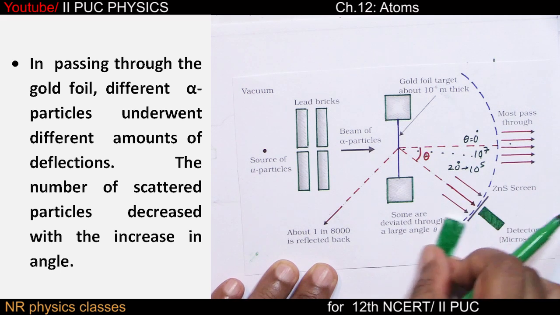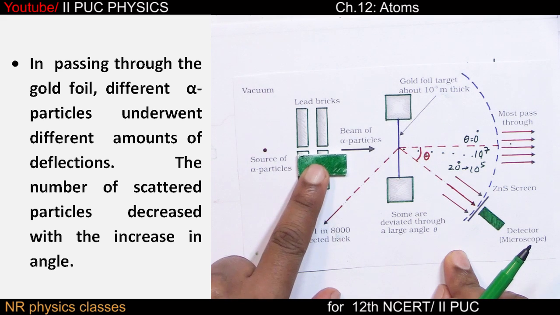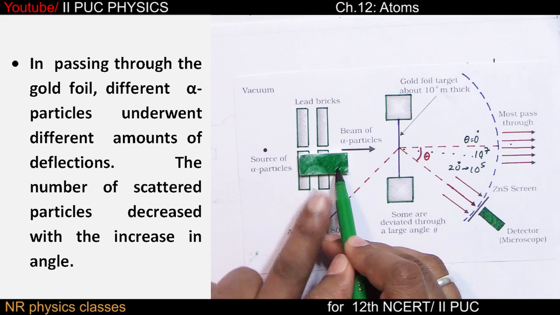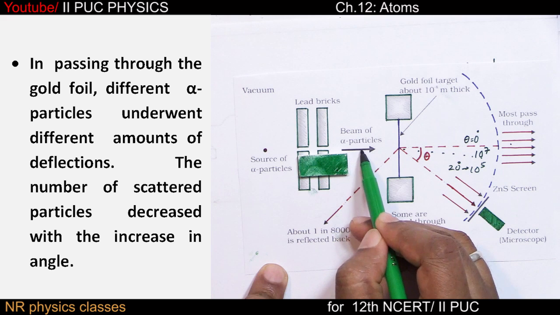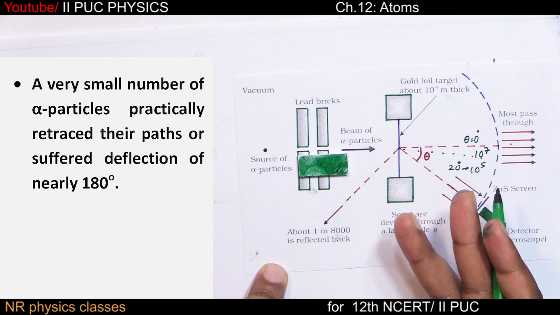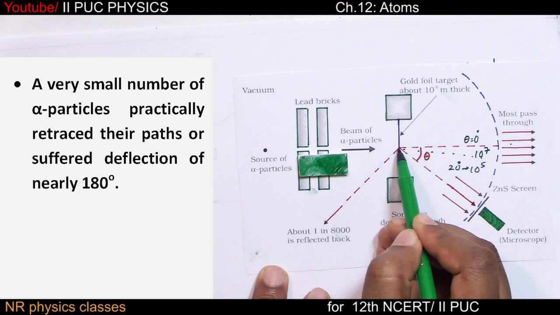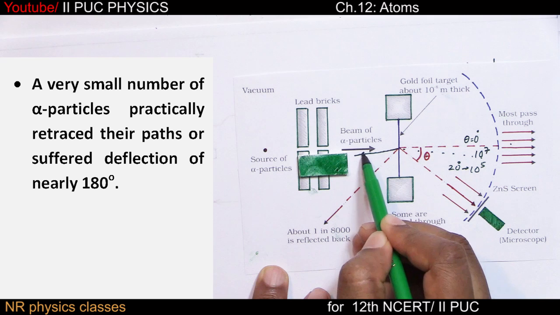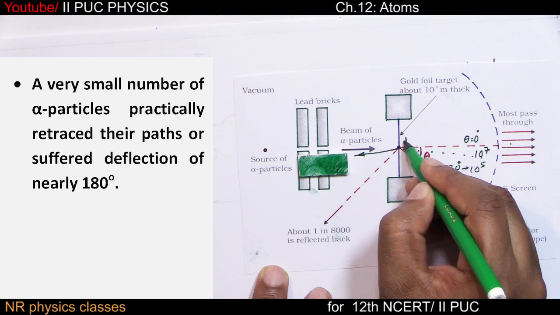Now, even when the detector is close to the direction of incidence, the detector could record a few alpha particles, meaning alpha particles after traveling straight are reflected or scattered. Now, third observation, a very small number of alpha particles practically retraced their paths or suffered deflection of nearly 180 degree. It is going straight and traveling back almost 180 degree means there should be some heavy positively charged particle.